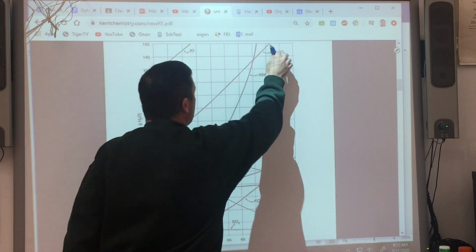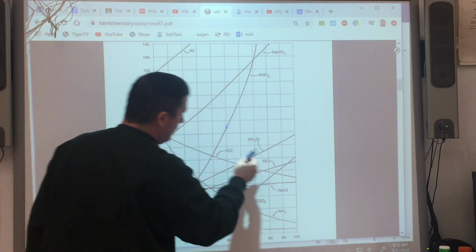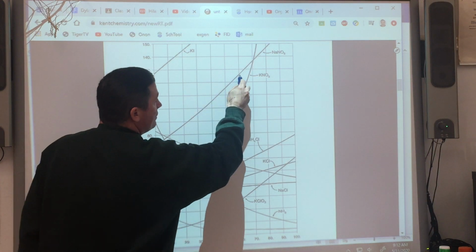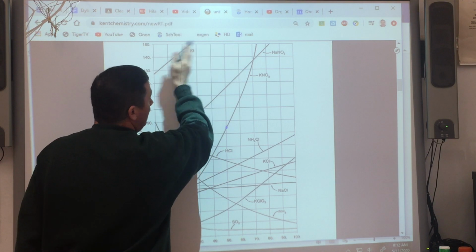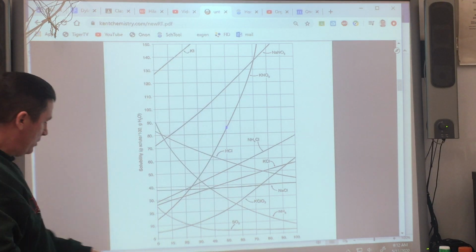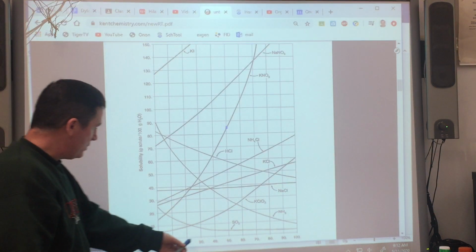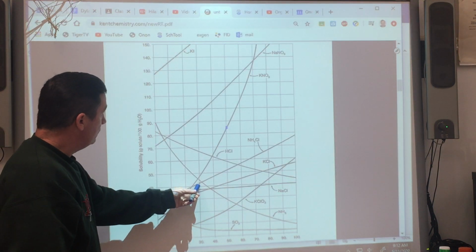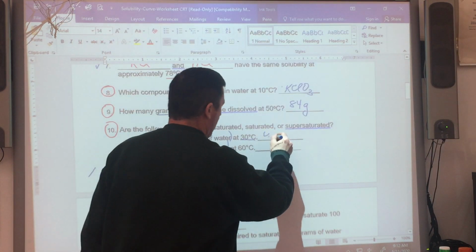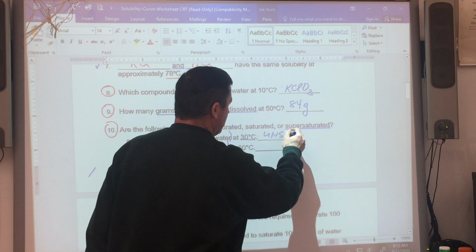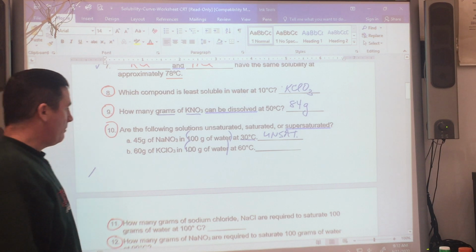So if we're looking at sodium nitrate, anything below it is unsaturated. If it's right on the line, we say that it is saturated, and if it's above the line, it is supersaturated. So let's confirm that. 45 grams at 30 degrees Celsius is only right here, and the line is here. So this is unsaturated. These are the types of problems that you will have for your test.